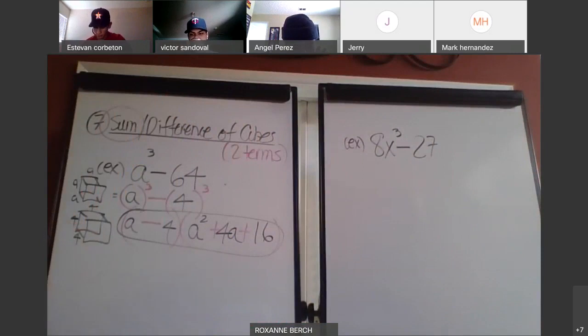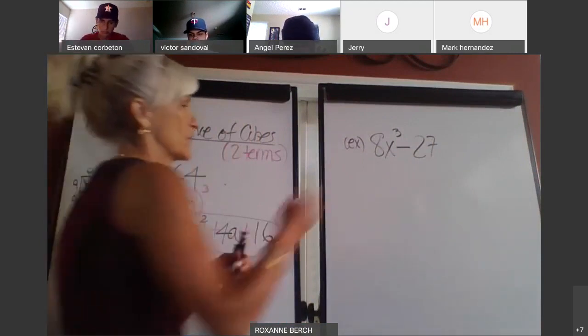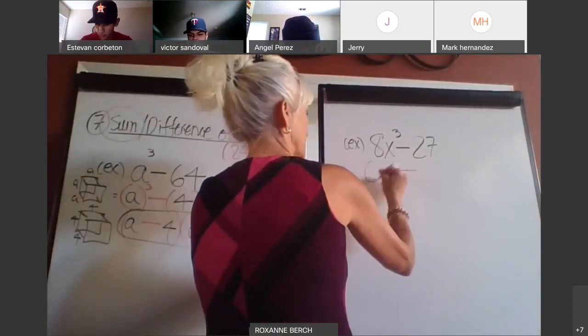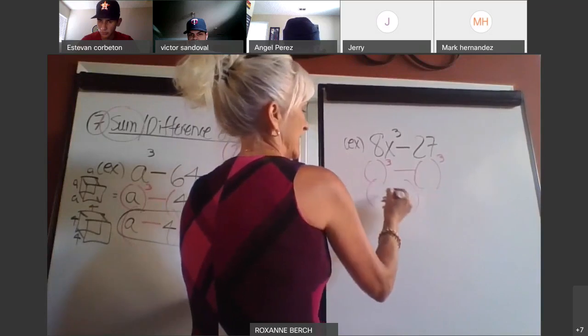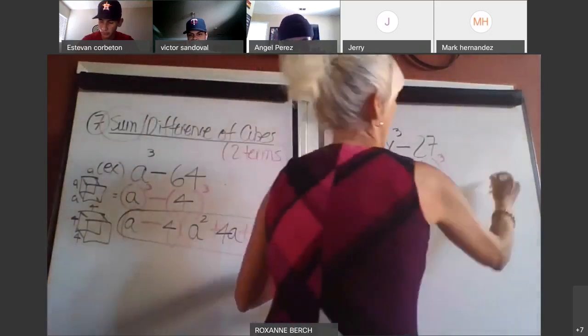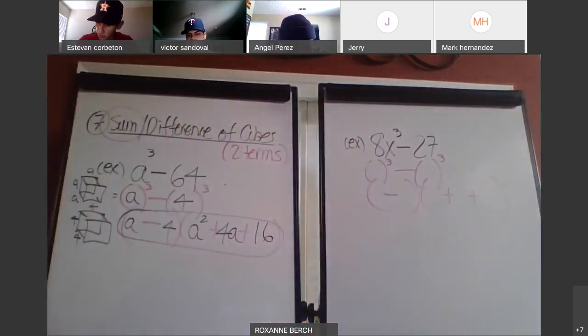You skip all the way down to the difference of cubes, and you hope that it is. So is this the difference of 2 cubes? If it is, it's a binomial and a trinomial, minus plus plus. And I always write those down so I don't have to think about it.